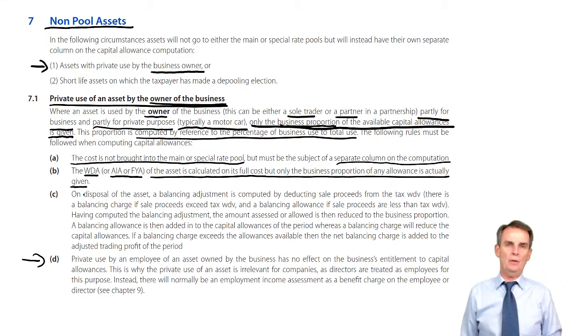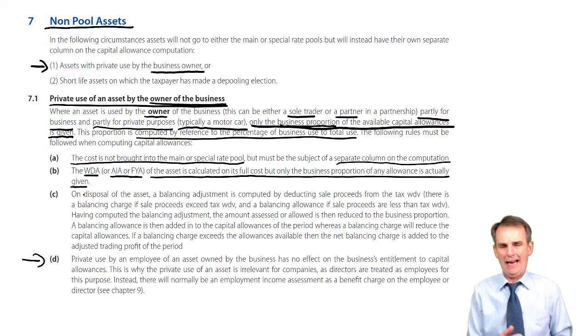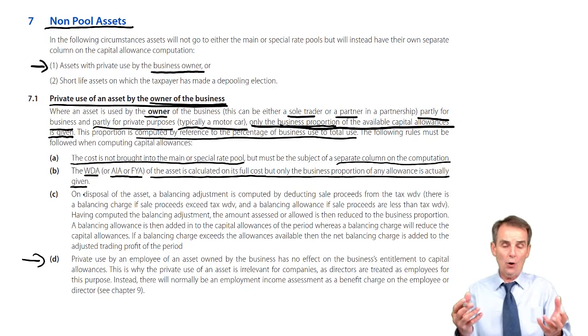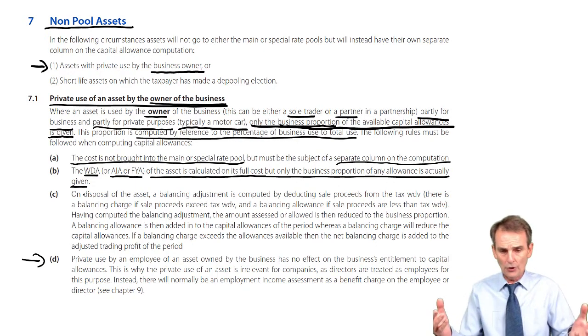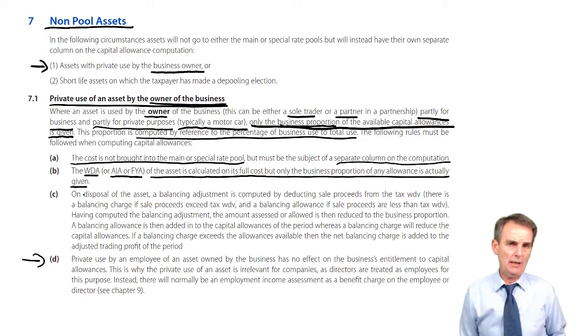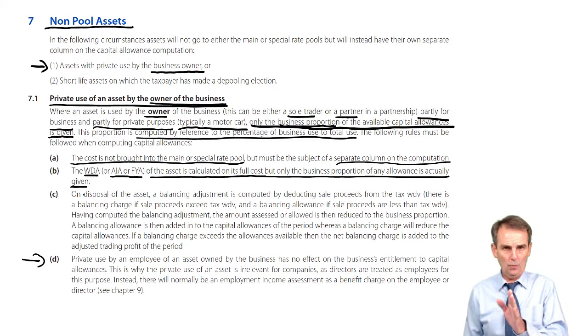Now, normally all we do is to just deduct proceeds to a maximum of original cost from whatever our pool balance was, and then continue with our writing down allowance. If this individual asset is now being sold, then we're going to mop up any remaining capital allowances that may exist on that asset during this period. Once the asset is sold, it's going to be cleared from the capital allowances computation, if it is this non-pool.